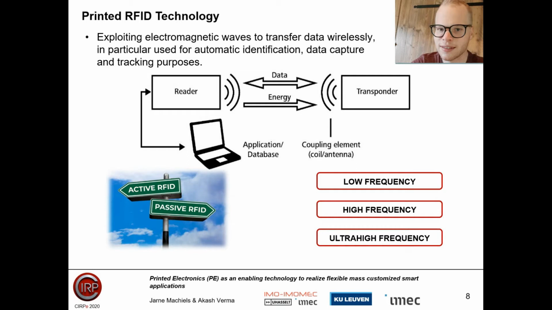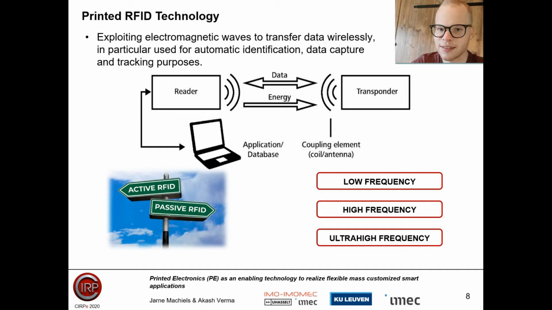An RFID system exploits electromagnetic waves to transfer data wirelessly. This two-way data transfer method consists of a transponder or tag, located on the object to be identified, and a reader to communicate between the tag and user software. Based on the energy supply, active and passive tags are distinguished. Active tags always use their own energy supply, like a battery, while passive systems directly harvest power from the radio-electric energy of the reader.